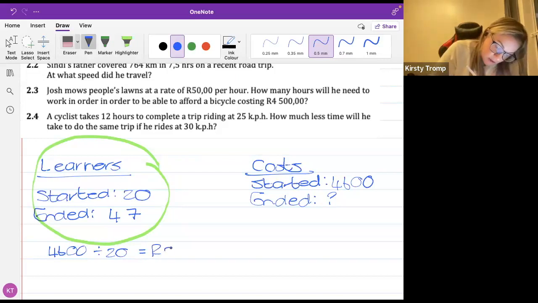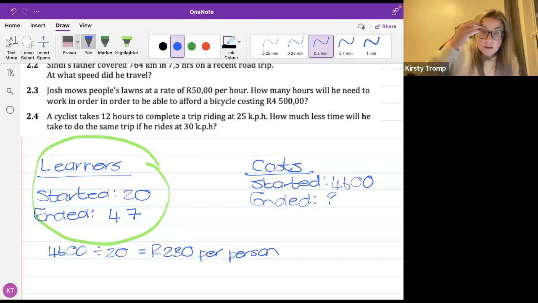That'll give me 230 Rand per person. So now I know how much it costs me per person.